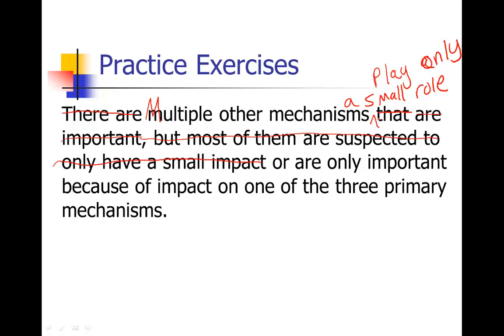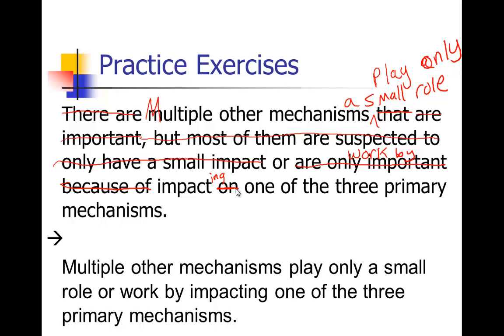So, "or work by impacting" — I don't think we need "on" — "impacting one of the 3 primary mechanisms." So let's put that all together. Notice how much we were able to drop here. Multiple other mechanisms play only a small role or work by impacting one of the 3 primary mechanisms.